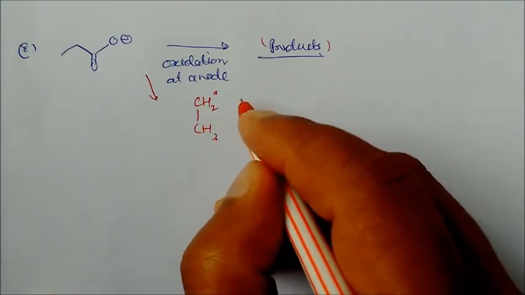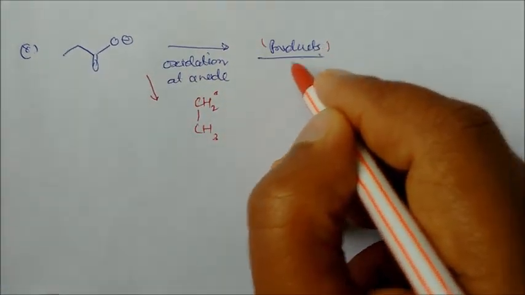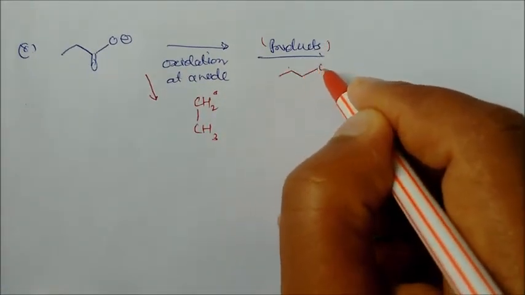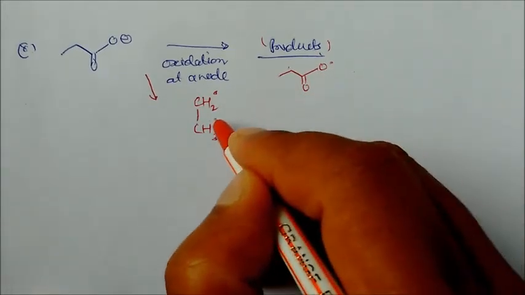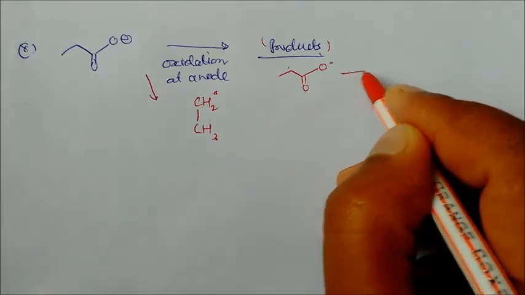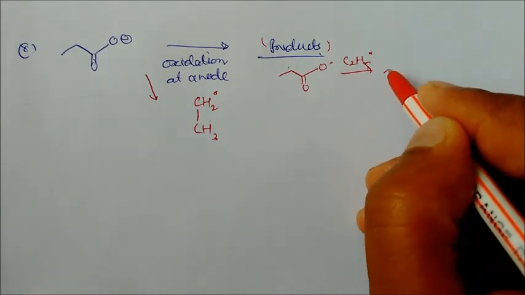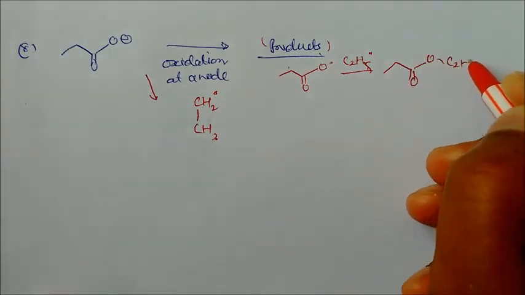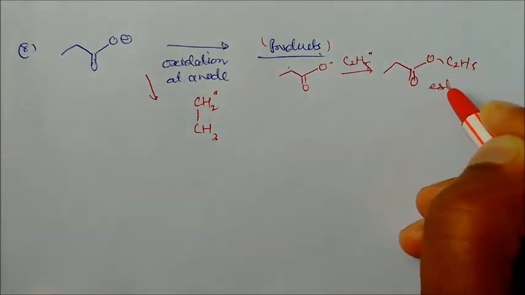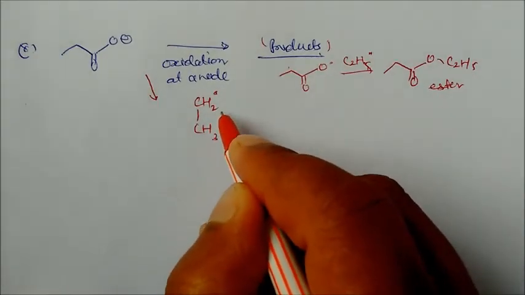So if you take only this possibility, like here C, and one is a free dot, and this is O. So what will happen? This will combine with this one. So when this combines with the C2H5 free dot, we will get a compound like this one with oxygen and OC2H5. So this is the ester compound. One possibility, so this can combine in 2 different ways.